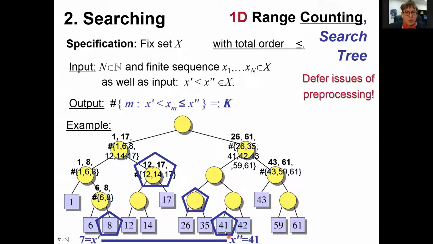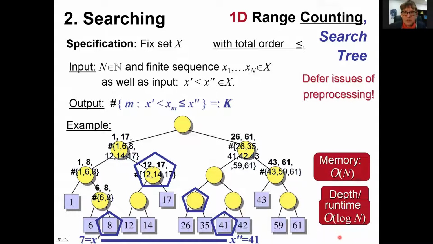And then when we're moving up, it adds the counts that are stored in these internal nodes. And how these internal nodes are initialized is different. And so the algorithm moves down twice and moves up twice, once for the left and once for the right. The tree has logarithmic depth, and therefore the algorithm has logarithmic running time.